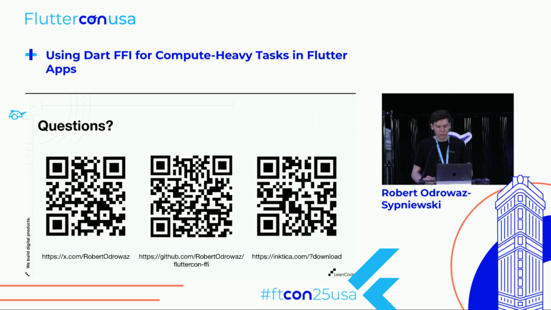Sure. So basically, it will be anything compute heavy. Obviously, most of our applications, 95%, should stay in Dart. But if we're dealing with computer graphics, as in this case, or machine learning on a lower level, unless we're of course using some framework for computation that will use FFI under the hood probably.